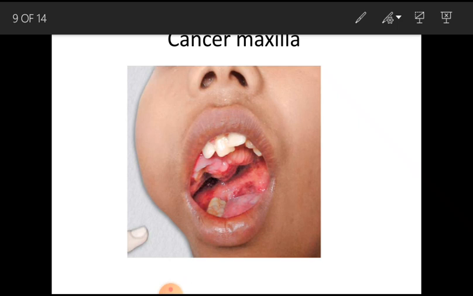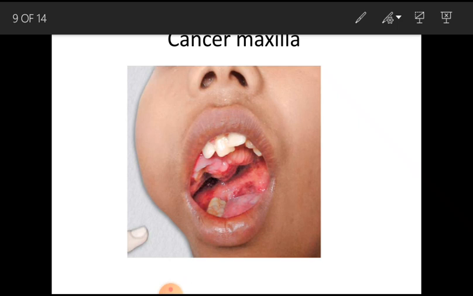The later presentation is due to spread to the adjacent structures. Extension anterolaterally to the cheek leads to a fungating mass in the cheek, which ulcerates. Extension to the medial wall leads to nasal obstruction, epistaxis, and epiphora due to nasolacrimal duct obstruction.